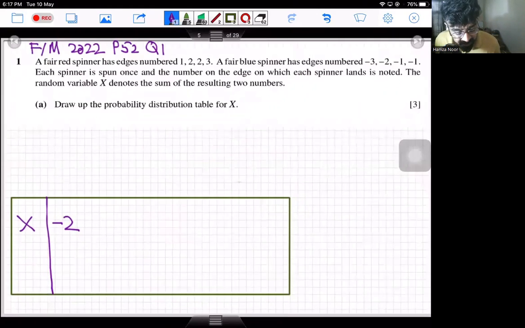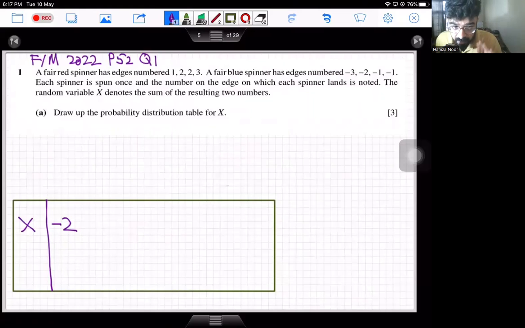And then on the edge spinner, the greatest score is 3, and on the blue spinner the greatest score is -1. So the greatest value of x would be 3 minus 1, which is 2.